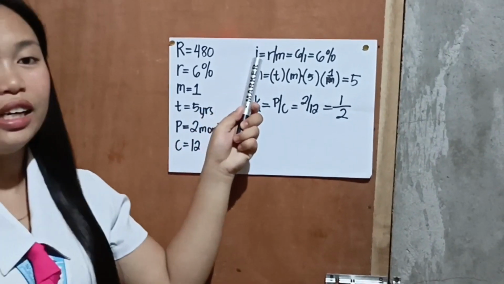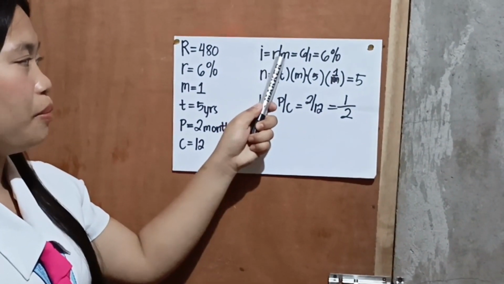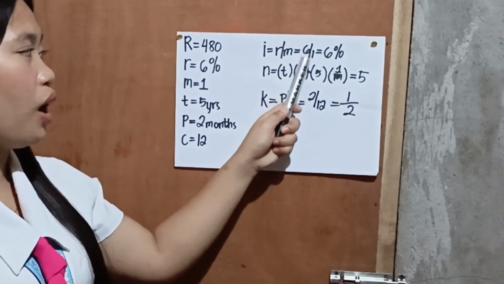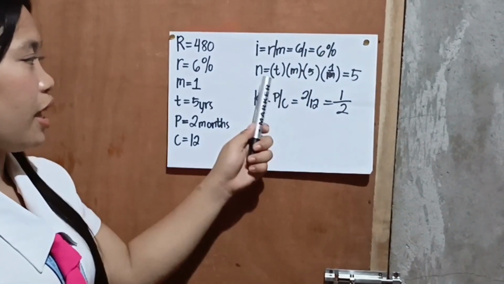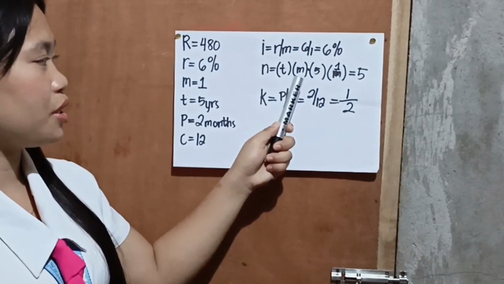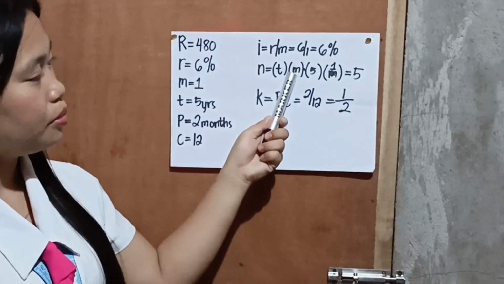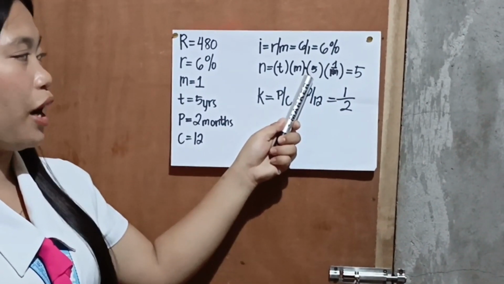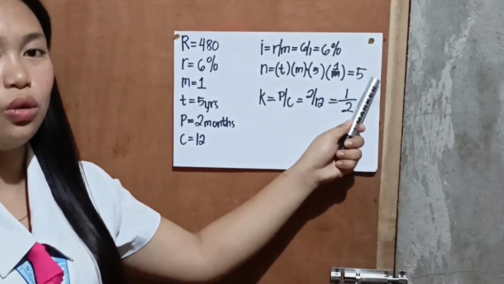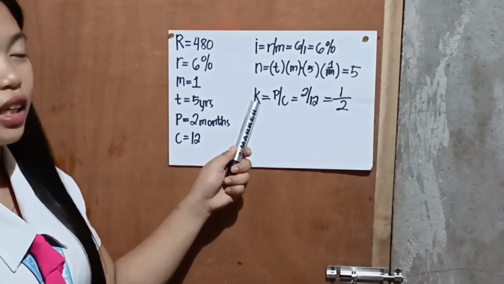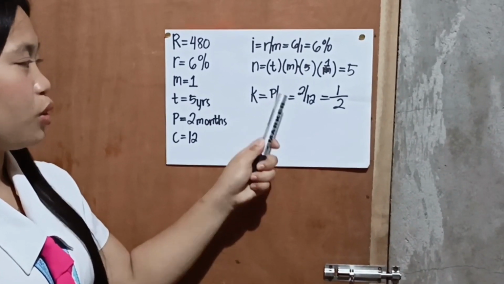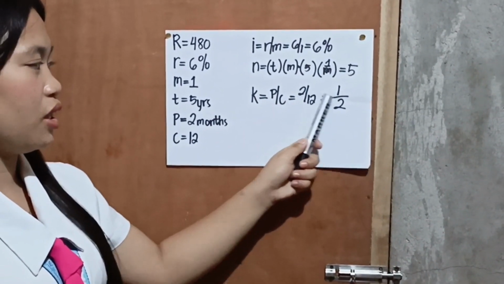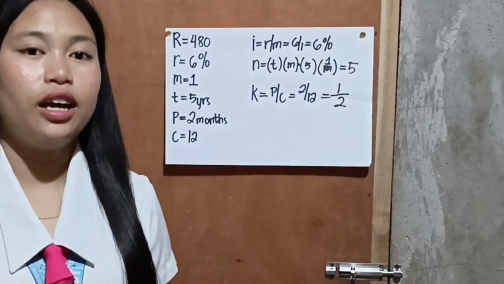Then i is equal to R over M, 6 over 1, is equal to 6%. And N is T times M, where T is 5 and M is 1, is equal to 5. Then K is P over C, which is 2 over 12, and it is equal to 1/2.